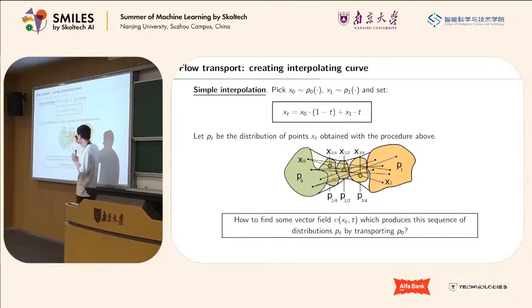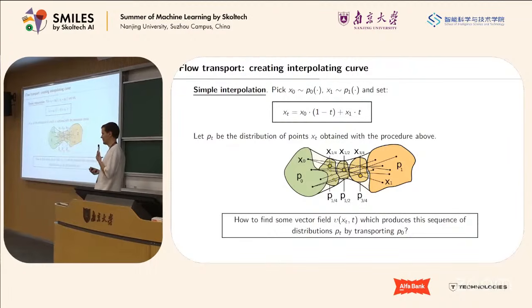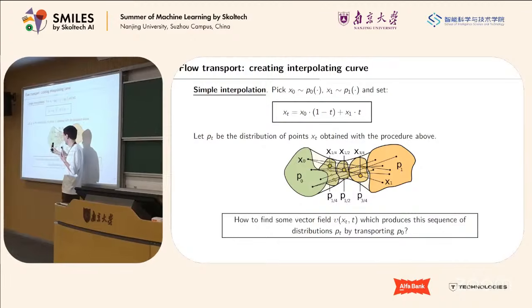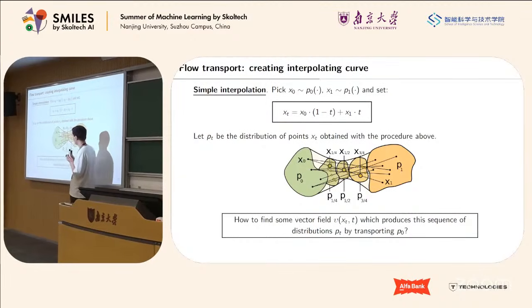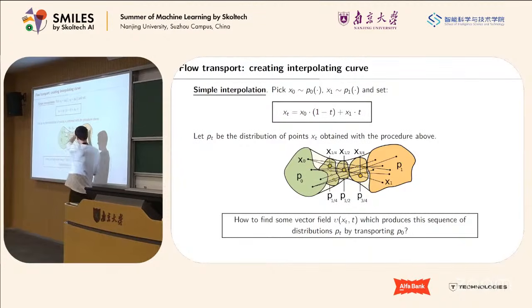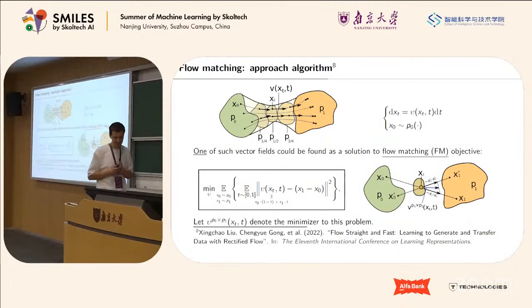This construction builds trajectories only when you know some start point and end point. The question is, can we find some vector field such that if we move the probability mass of this distribution according to this vector field, we will obtain this sequence of probability distributions, and in the end, we will generate our target probability distribution?